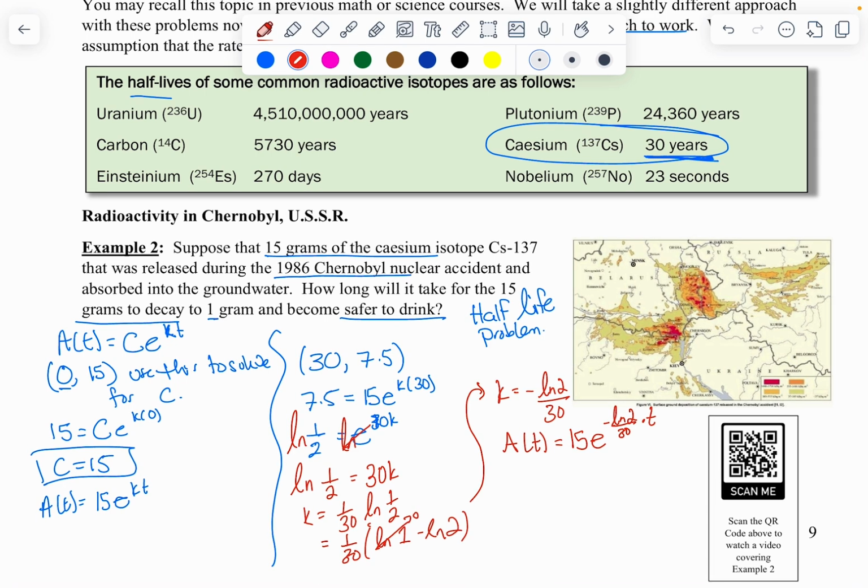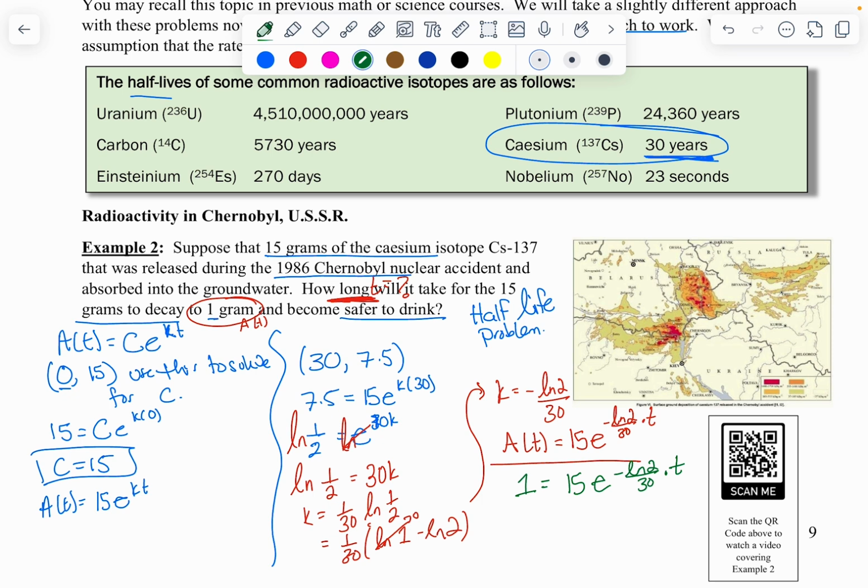Now the question is how long? Or what is t? So t equals question mark, when A of t is 1 gram. So now that you have your equation, what's left is to set your A of t equal to 1, with ln of 2 divided by 30, and you're going to solve for t.